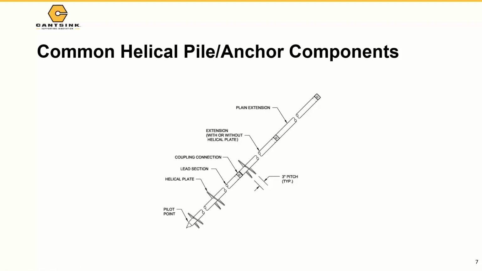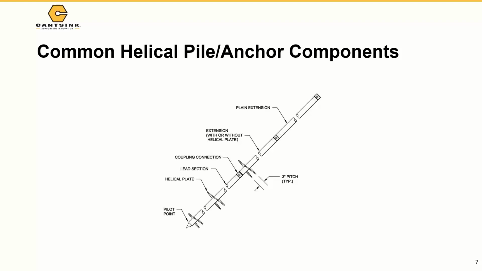This helps install the pile smoothly with minimum disturbance to the soil. The most common helix sizes for small diameter helical piles are 8-inch, 10-inch, 12-inch, and 14-inch. When you get to large diameter helical shafts, you can see 24 and 48 inch helix sizes.